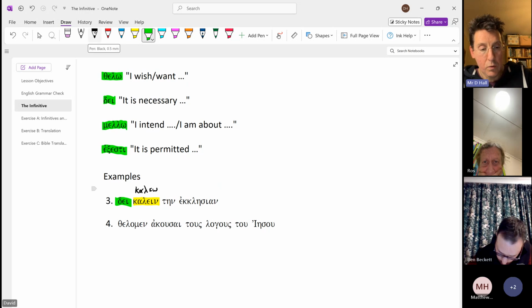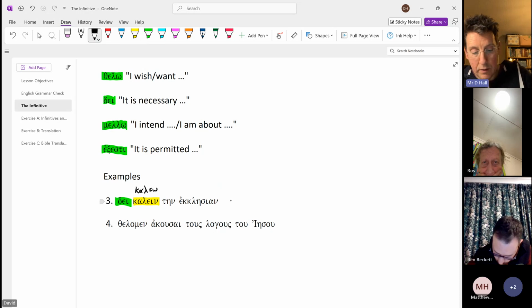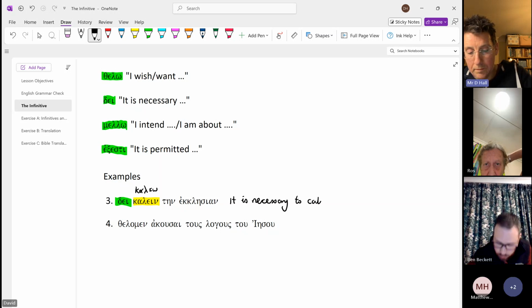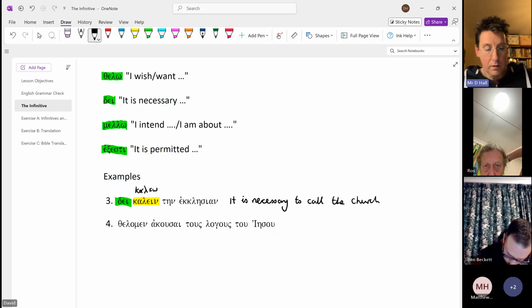So kaleo is to call, and then ten ekklesian, which is the church. So we just have: it is necessary to call the church. So you just have to learn that you would expect an infinitive to follow the word dei, and it's translated as necessary.